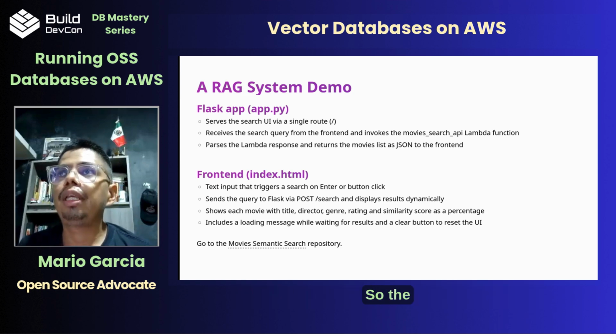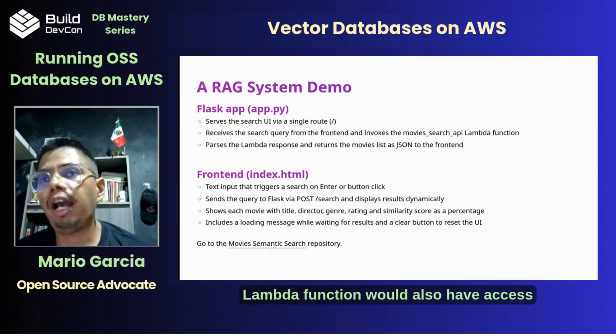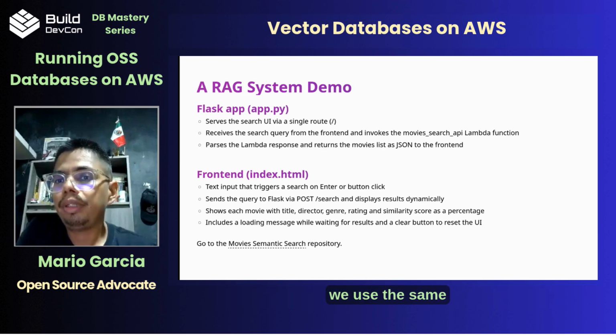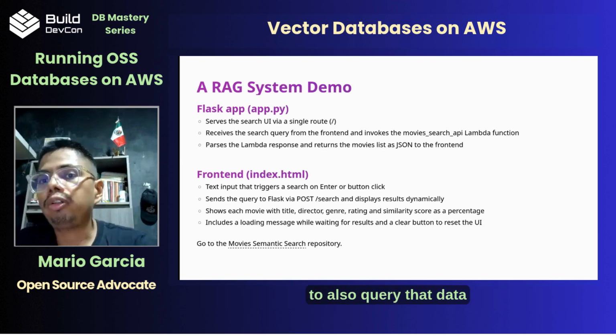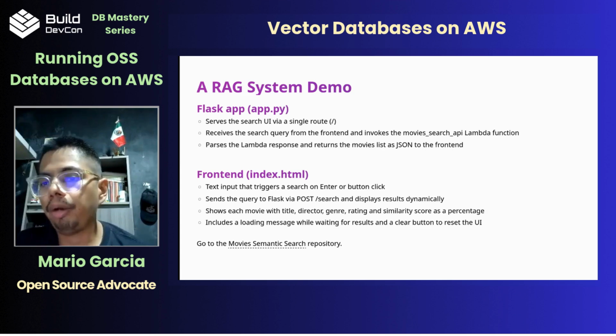So the Lambda function would also have access to those models, as when we create embeddings, we use the same model for converting the data into an embedding, and to also query that data from the database that we choose for our project.